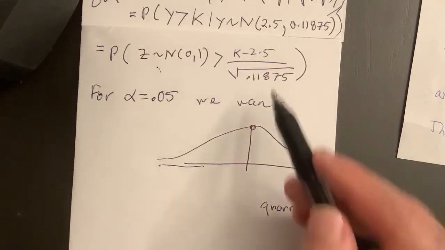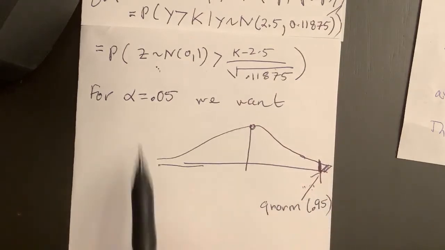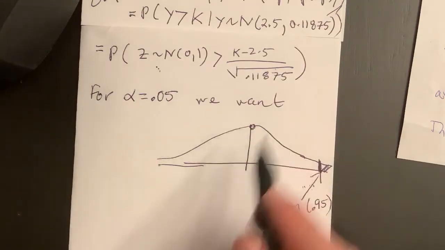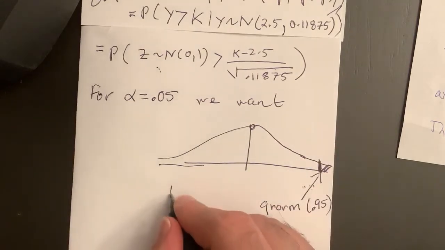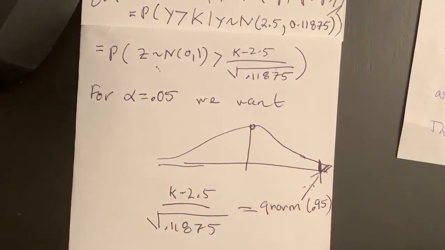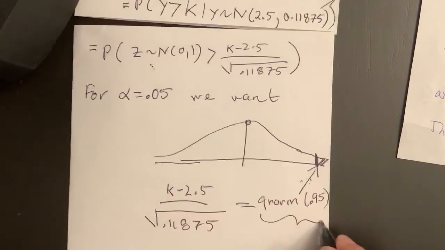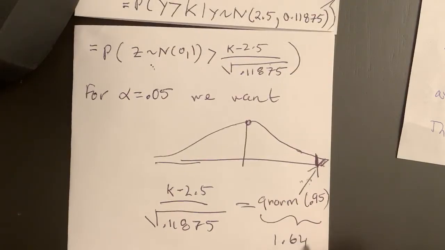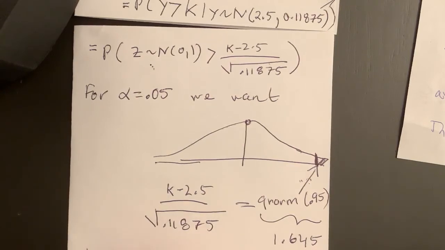Okay, so this should be where I reject z, right? So we want this, k minus 2.5 over this square root 0.11875, to be equal to Q norm 0.95, which is equal to 1.645, which gives k equals 2.5, now this is positive this time, plus 1.645 times the square root 0.11875.